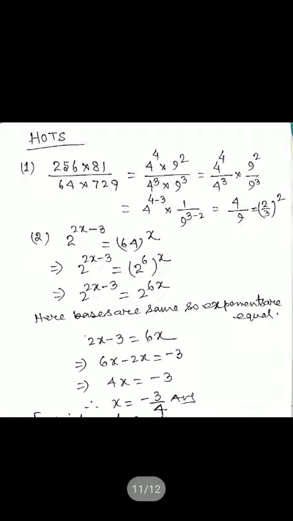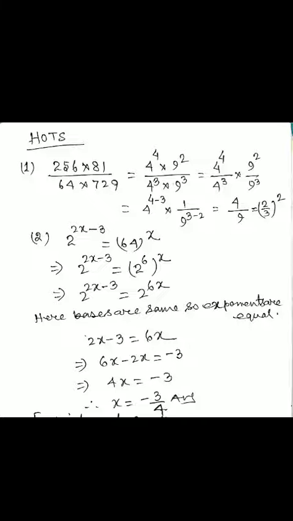Now HOTS questions. Express in exponential form or scientific notation. Write in exponential form: 256 by 81 divided by 64 by 729. So 256 can be written as 4 raised to the power 4. 81 can be written as 9 square, 64 can be written as 4 cube, and 729 can be written as 9 cube.